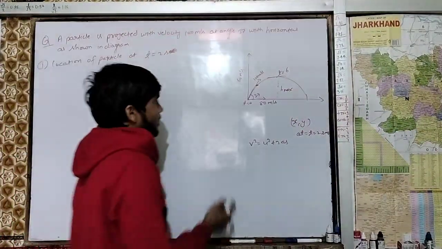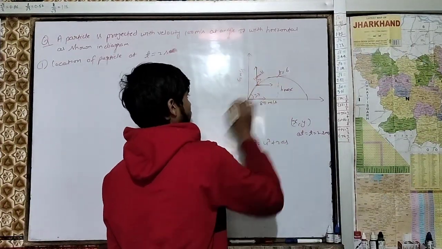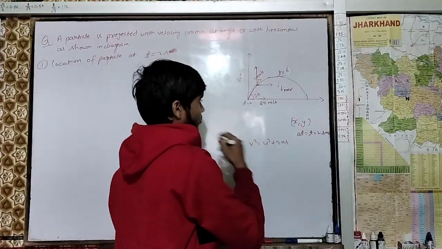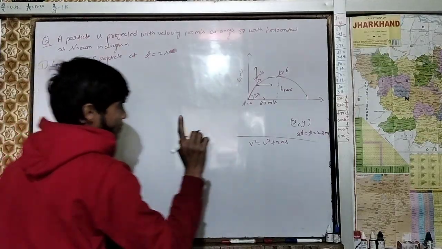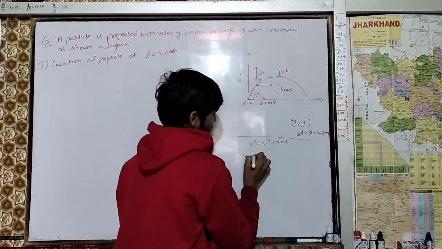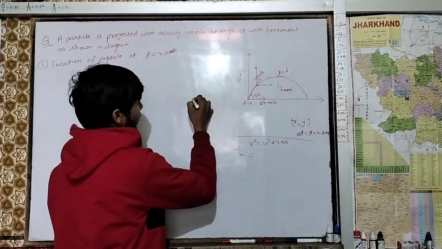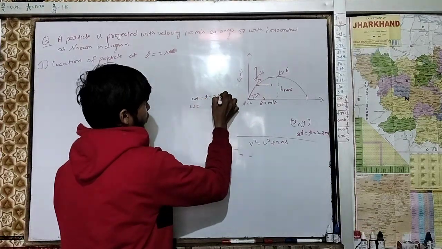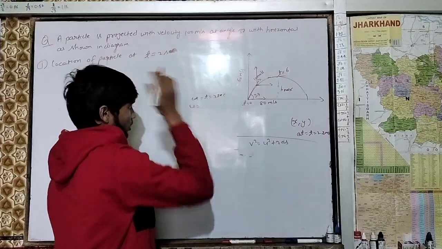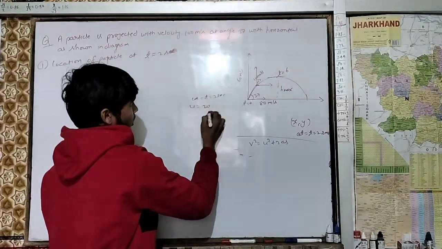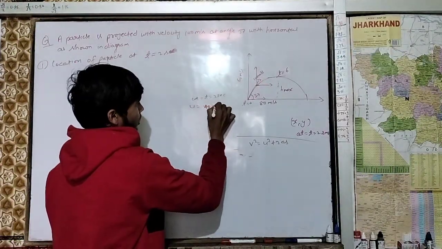Over here at 2 second, it will become 60 minus 20, 40 meter per second.